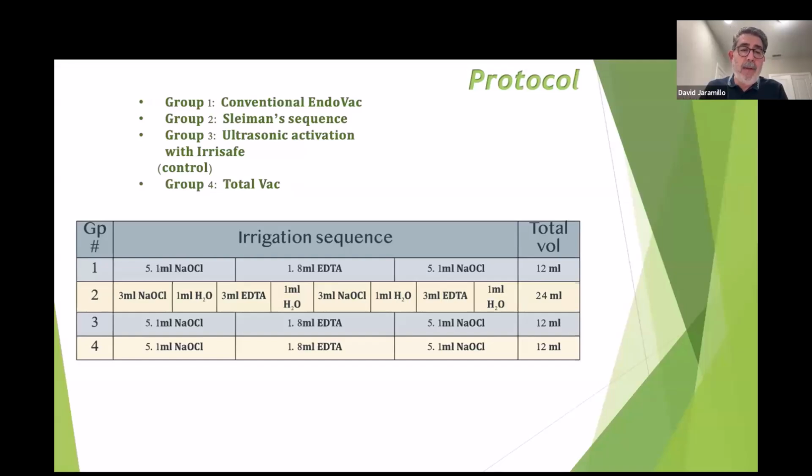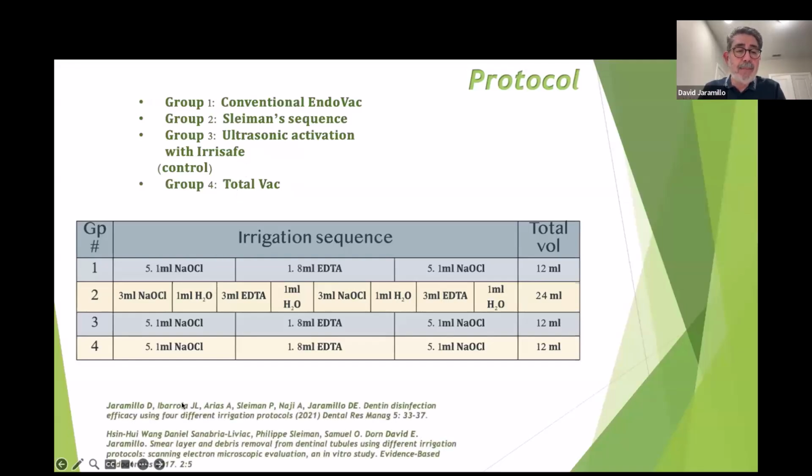So we did these groups: the conventional EndoVac, the Slayman sequence, the ultrasonic activation with the E-Receive tip, and TotalVac. On this we have two papers.